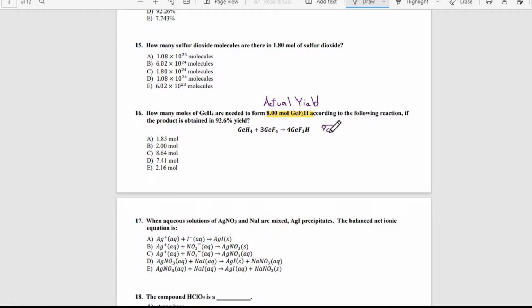So I can say my 92.6% is telling me that I will get 92.6 moles of product, the GeF3H. That's the actual amount I will get out of every 100 that I would expect to get if it went to completion.